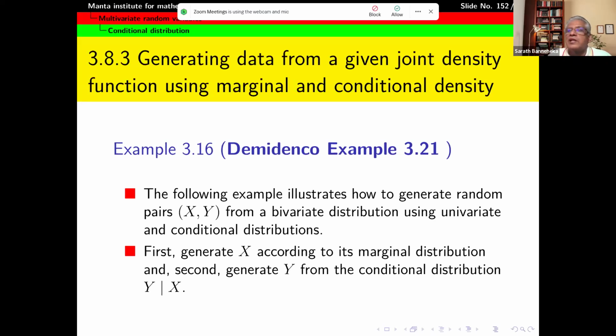So instead of directly generating data from a bivariate distribution, we are going to generate data from two univariate distributions. One is a conditional distribution, but it is univariate. The other is a marginal distribution, also univariate. Generating data from univariate distributions is easier. We have already discussed one method, the probability integral transform, or inverse transform. That's the idea we are going to look at here.